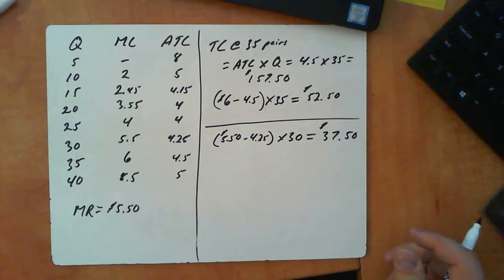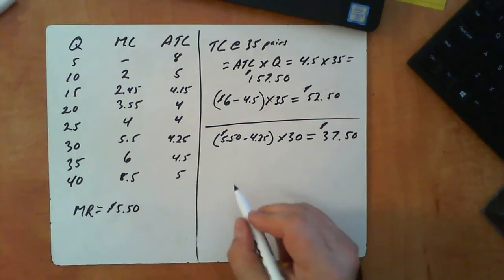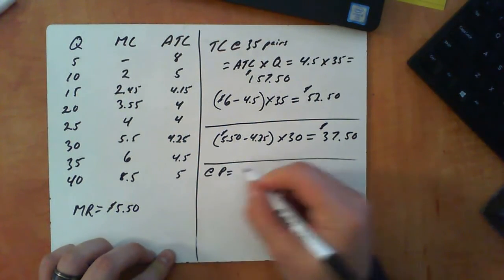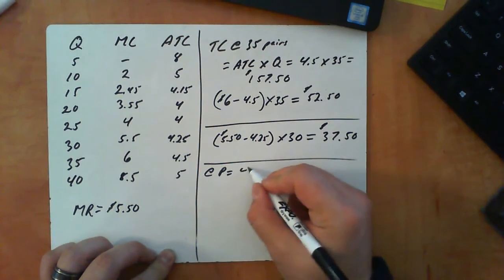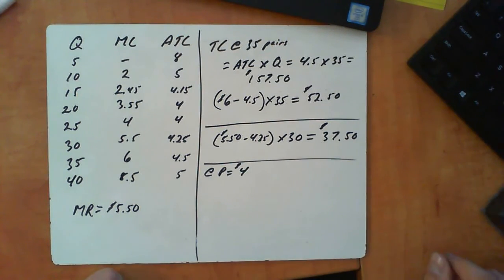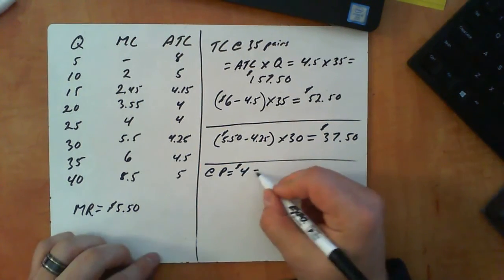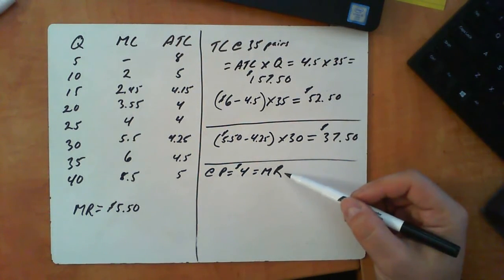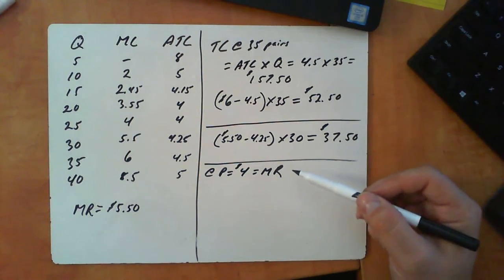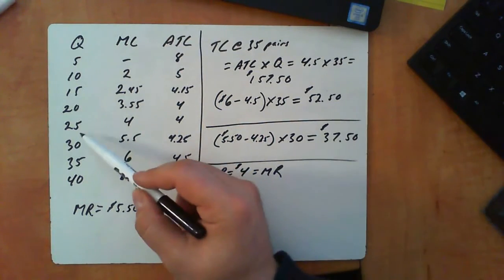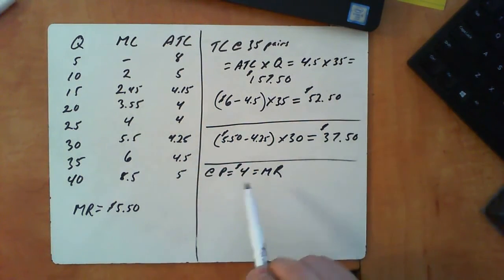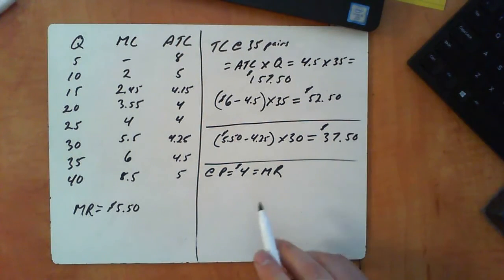Now, if the price drops again, so now we're looking at a price equal to $4, this is again equal to marginal revenue. Marginal revenue is equal to marginal cost at 25 pairs. So MR is equal to MC at $4 at 25 pairs.